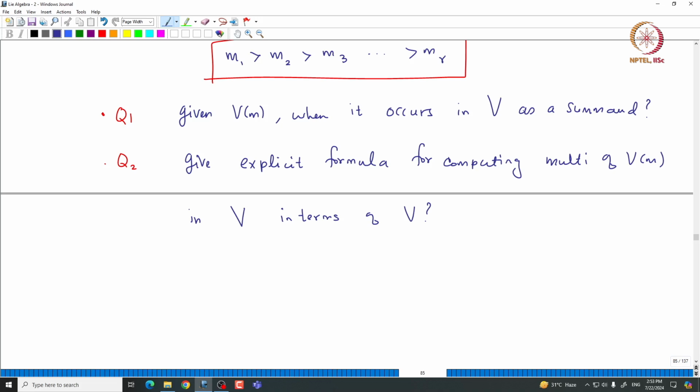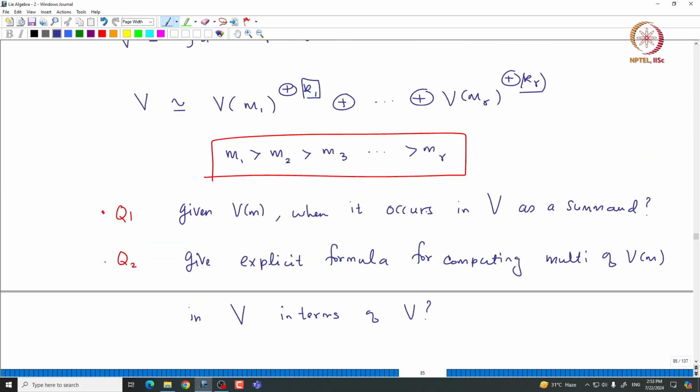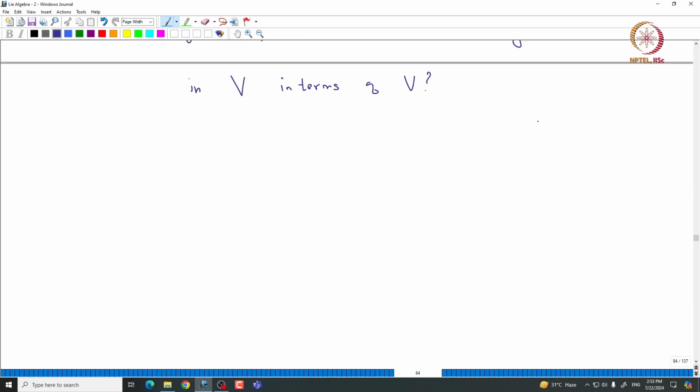Okay, so let us make some observations about a general representation with respect to this given decomposition of V into a direct sum of irreducible modules of sl2. First thing to notice, let me state it as a proposition. All these are immediate observations from two important facts that we proved about sl2.